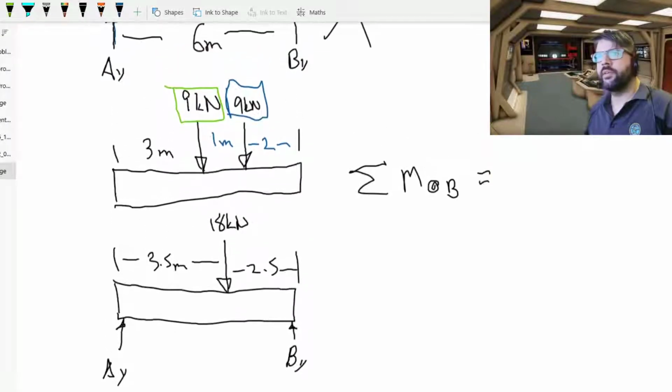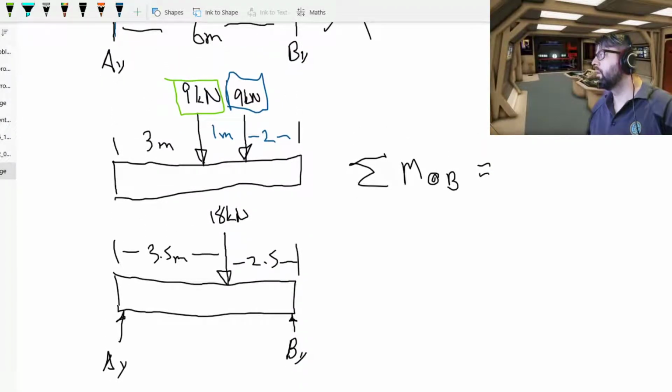And we want to ensure that it's equal to 0 because it's a static equilibrium problem.